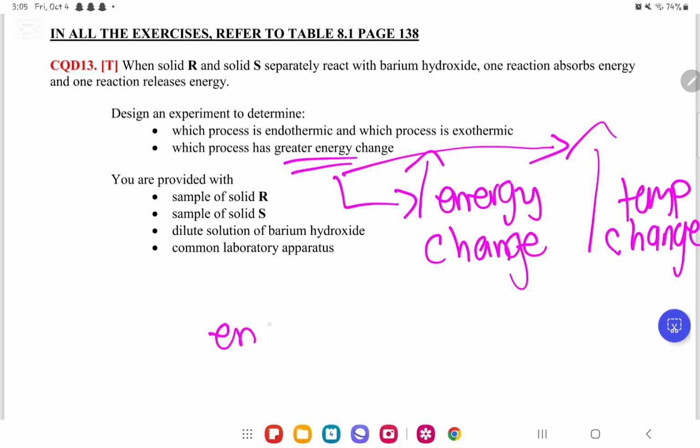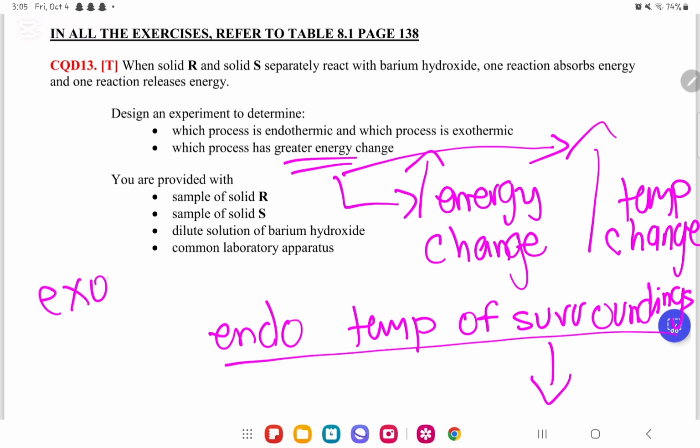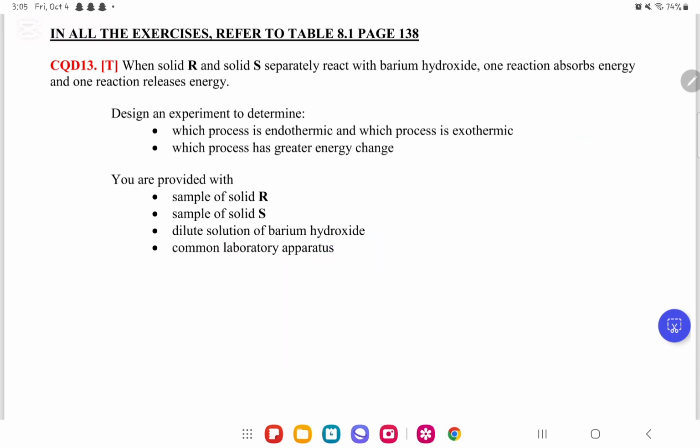And endothermic, the temperature of surroundings decreased. Alright, so endothermic, the temperature of surroundings decreased, whereas exothermic, the temperature of surroundings increased.